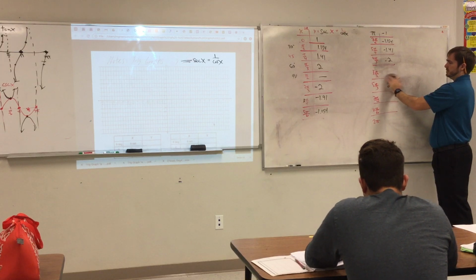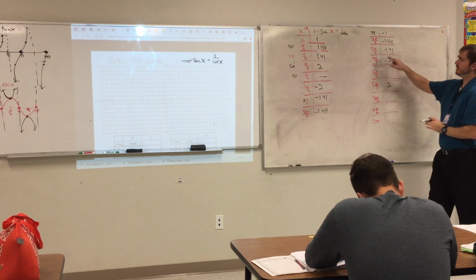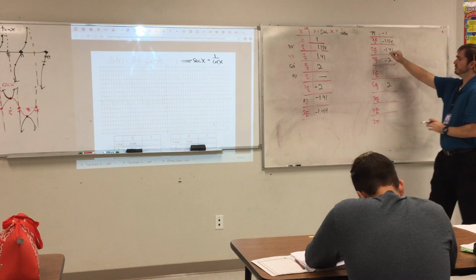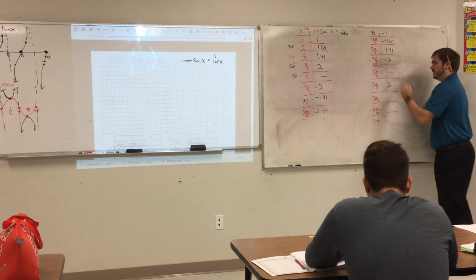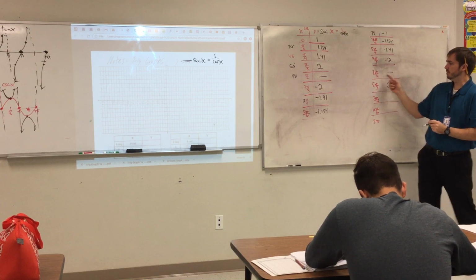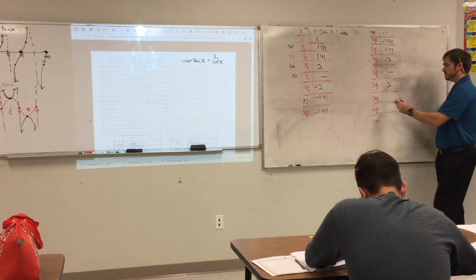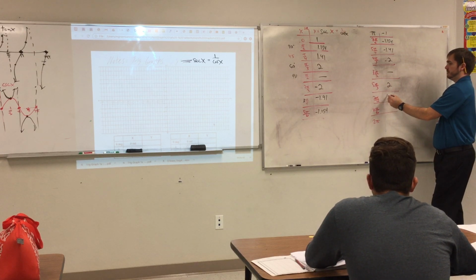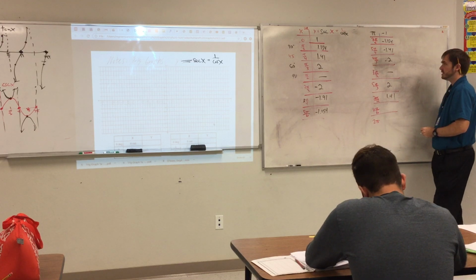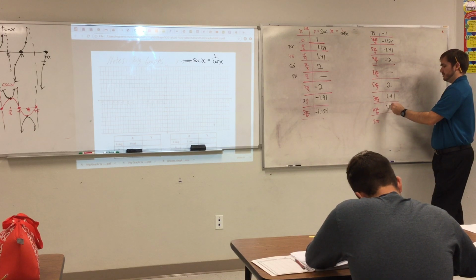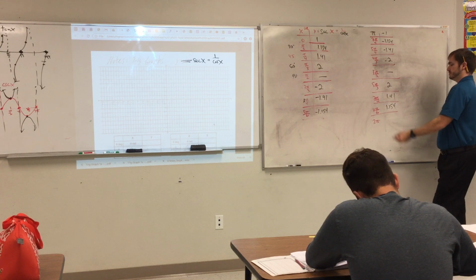Cosine of 3 pi over 2 is 0, so secant is undefined. Yep. I'm doing that more based on comparing these charts here. 7 pi over 4? Negative 1.4. 11 pi over 6? 1.1. And 2 pi, 1.